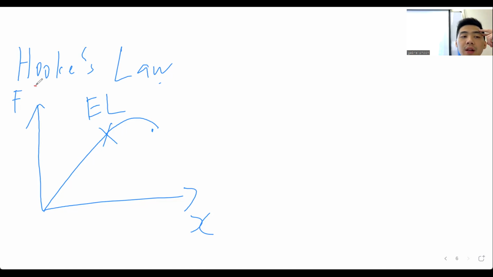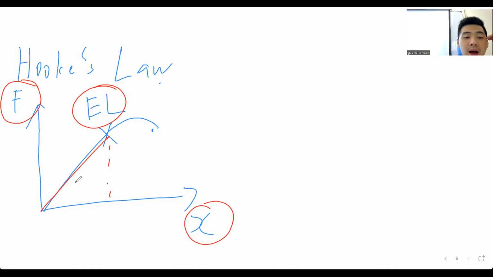Hooke's law states that the force on the spring is directly proportional to the extension exerted on it, provided that the elastic limit is not reached. In other words, this part here obeys Hooke's law because the force is directly proportional to the extension. This part here does not obey Hooke's law because the force and the extension are not directly proportional.